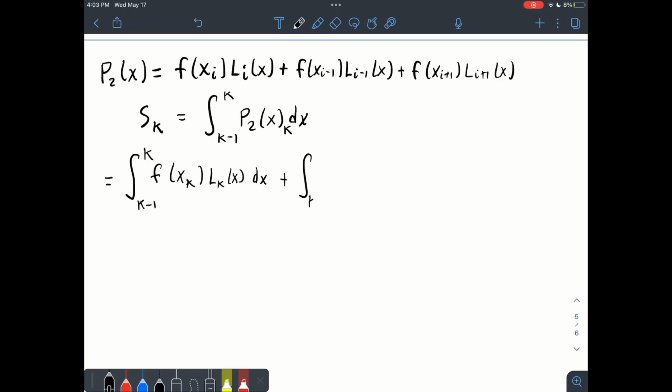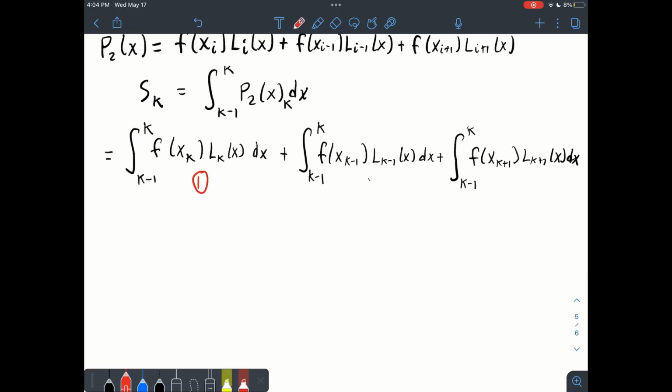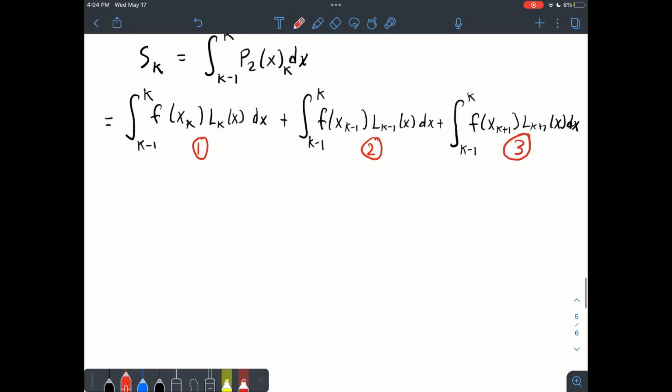Plus another one, f(x_{k-1}) L_{k-1}(x) dx, plus f(x_{k+1}) L_{k+1}(x) dx. We'll do each of these integrals separately because it's going to make it easier, since we're going to have some substitutions that need to take place. I'm going to name these 1, 2, 3, and let's start with 1.